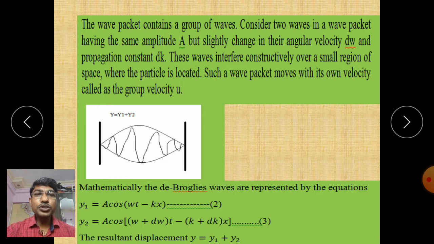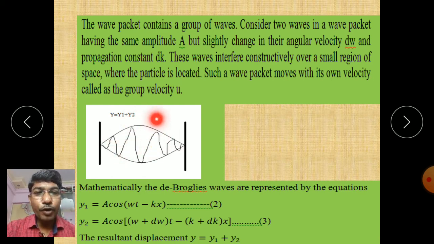These waves interfere constructively over a small region of space where the particle is located. Means this is the wave packet. Such a wave packet moves with its own velocity, which is called the group velocity.